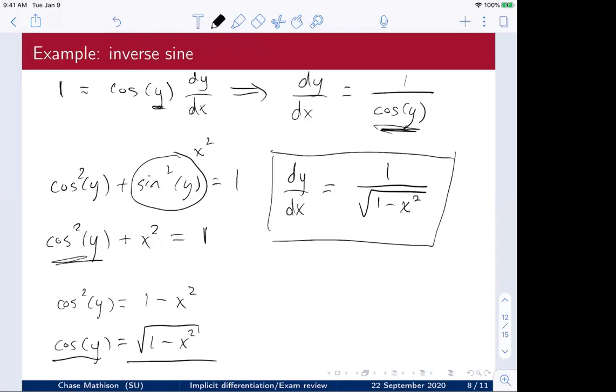Also, it's important because definitely in Calc 2, if anyone's taking Calc 2, you'll need to know this derivative of inverse sine of x. It's important for certain methods that we're going to use in Calc 2. So, are there any questions about this?